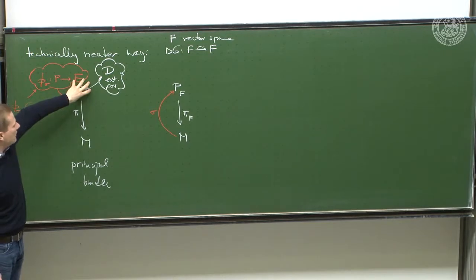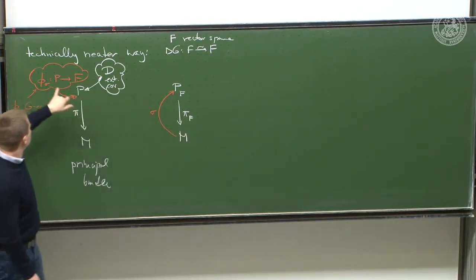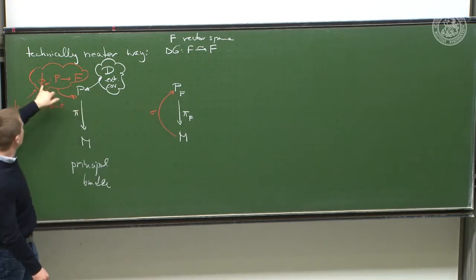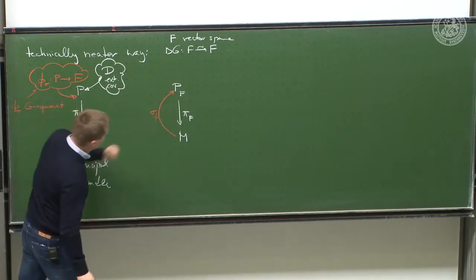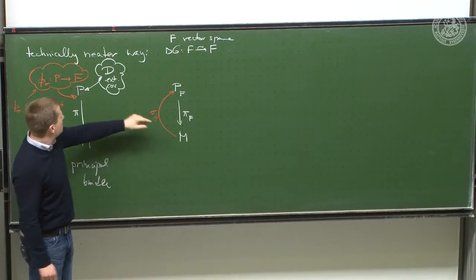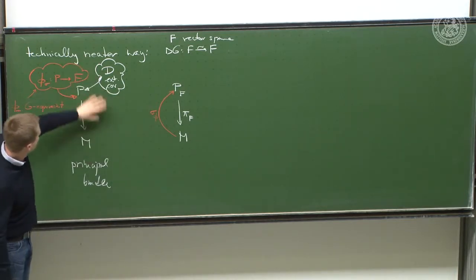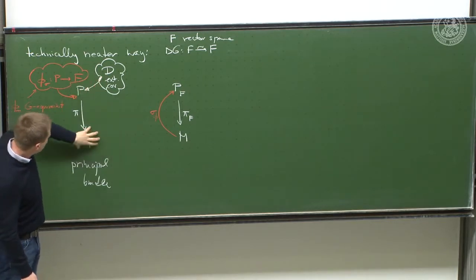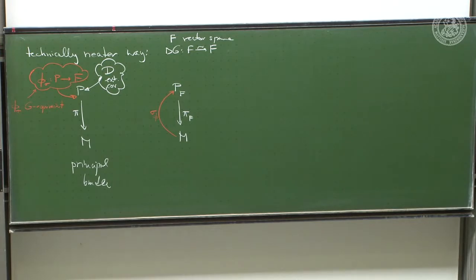But what we actually want is a derivative of this section down here. Well, this section corresponds to this function one-to-one, and the other way around. Given such a function, you can construct such a section. I'll write down the theorem in a second again. But we still need to push down what we get. And then we also get a covariant derivative down here, and that coincides with what you construct here.